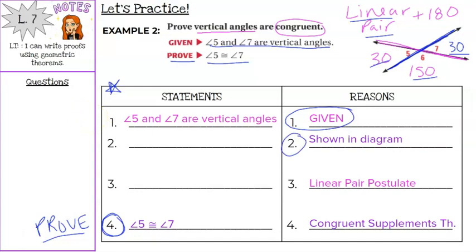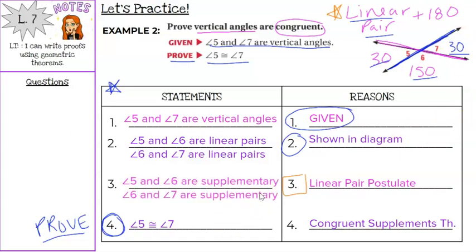Well, what we were shown is exactly what we talked about earlier, that we have linear pairs. So we have that angle 5 and angle 6 are a linear pair, and angle 6 and angle 7 are linear pairs. So then based off of that, we have our linear pair postulate. This linear pair postulate was also on that Unit 2 resource sheet, and it says if two angles are linear pairs, then they are supplementary.